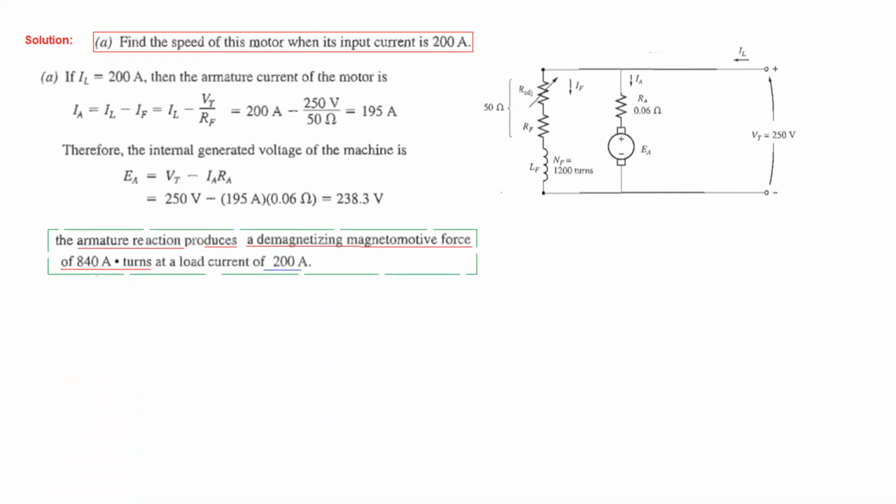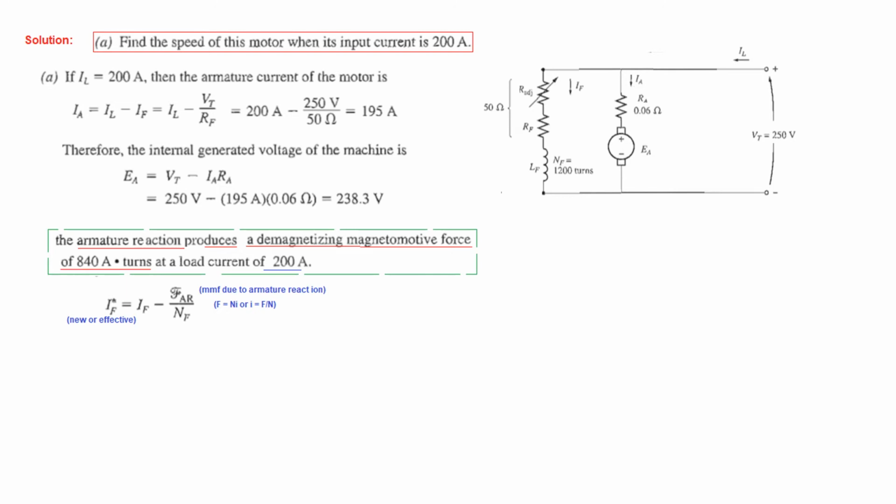Okay, the armature reaction produces a demagnetizing magnetomotive force of 840 ampere turns at a load current of 200 amperes. So we have to keep in mind that this force is for only one current, 200 amperes. We'll discuss this later. But what this magnetomotive force is doing is reducing the field current, because it is opposing the original magnetomotive force.